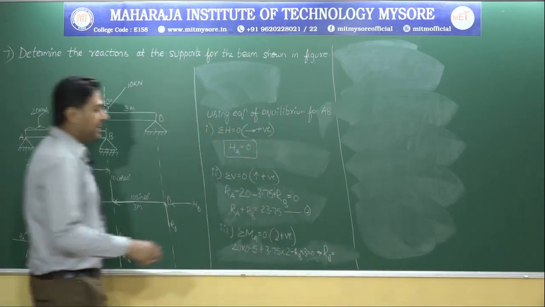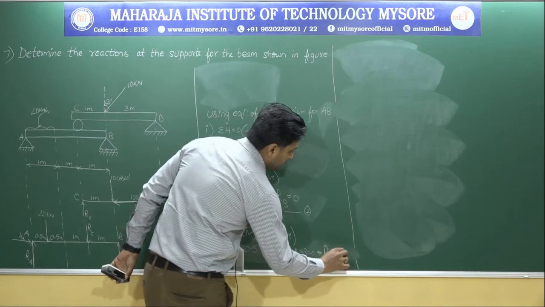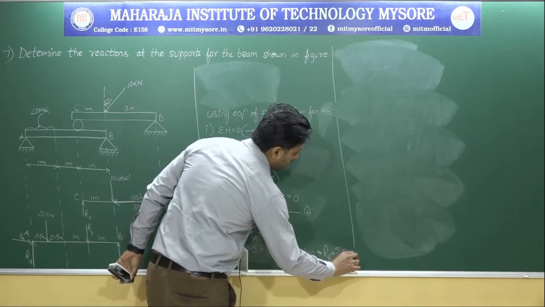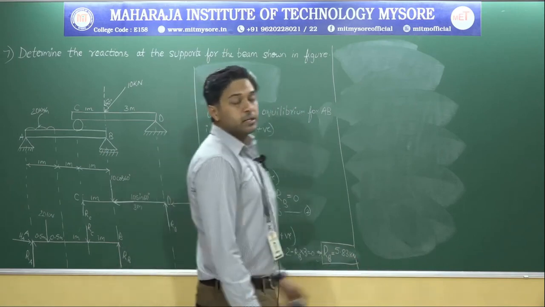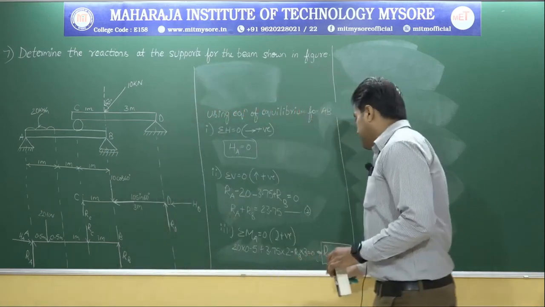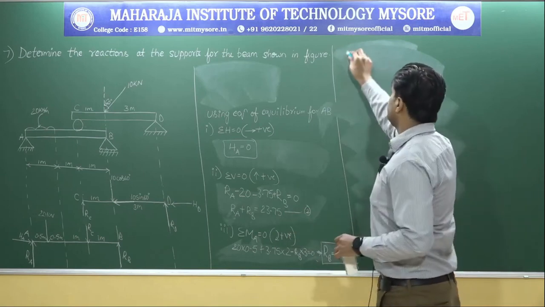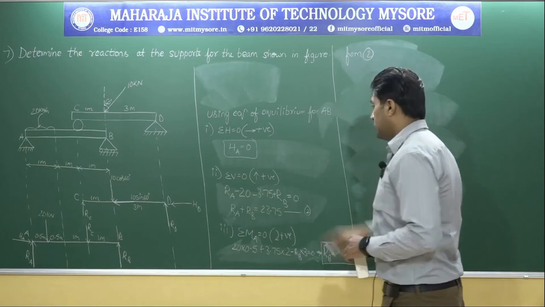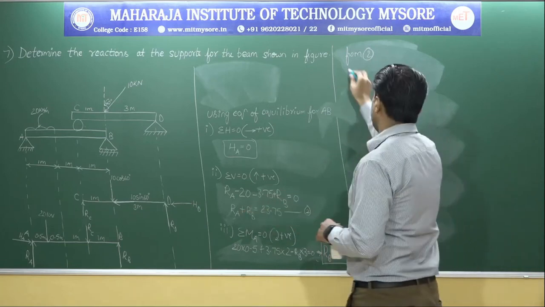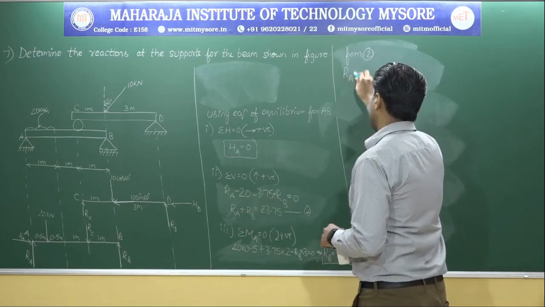5.83 kilonewton. So we got the value of RB. So soon after getting the value of RB from equation 2, substitute it. RA only I need to calculate.